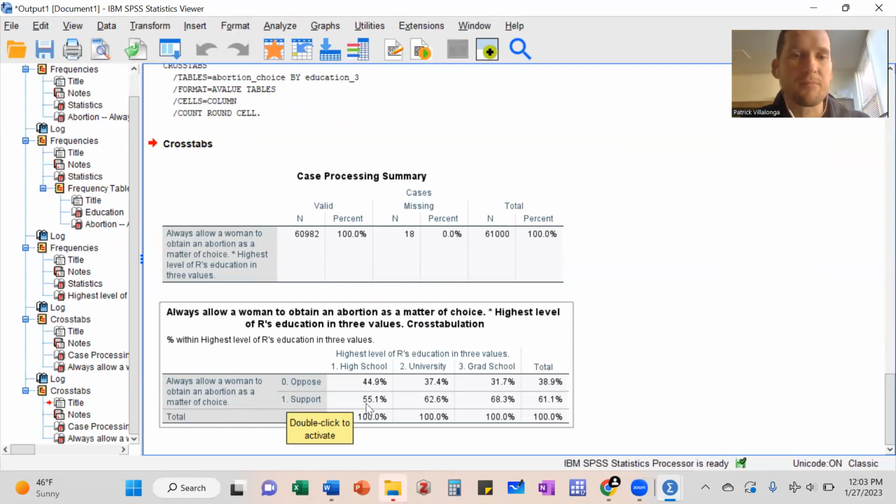It goes from 55% to 62, that's a 7-point jump, and then to 68, which is a 6-point jump. That's a consistent jump of at least 6 points. That indicates that, yes, there's probably some evidence that more education will lead to stronger support for abortion rights.